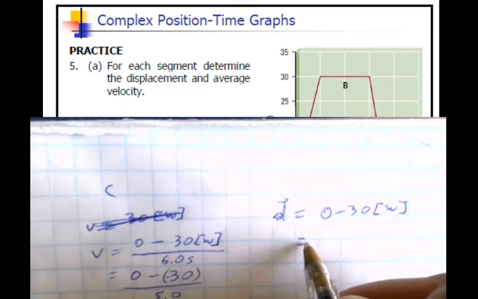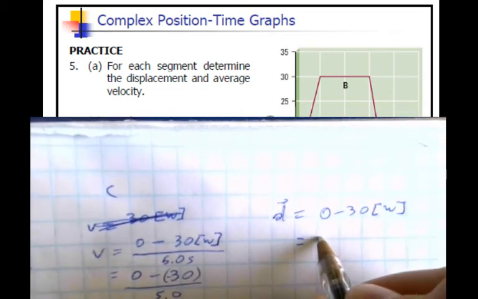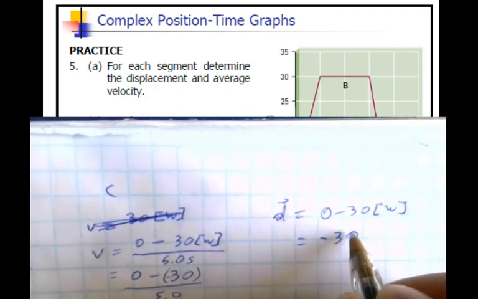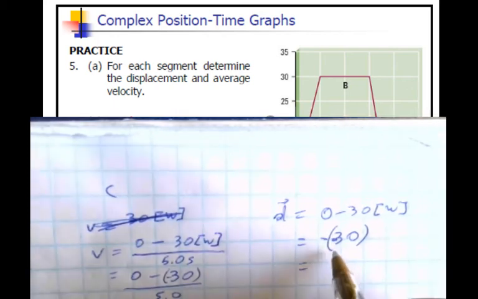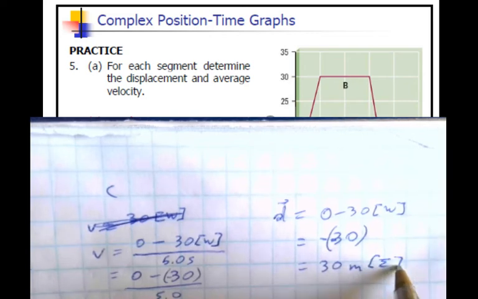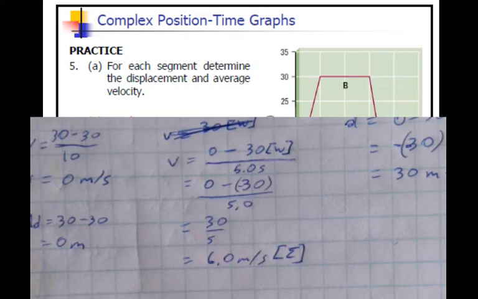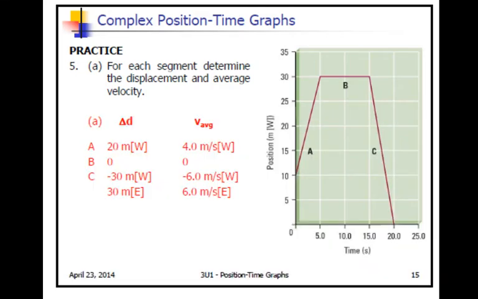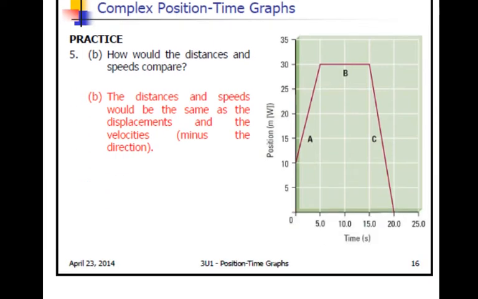That would be negative 30 west, which is the same as, I'm going to change this to east, negative minus 30, which becomes 30 meters to the east. So that is my calculation for this more complex position time graph.